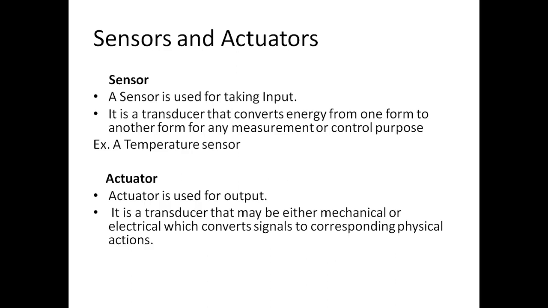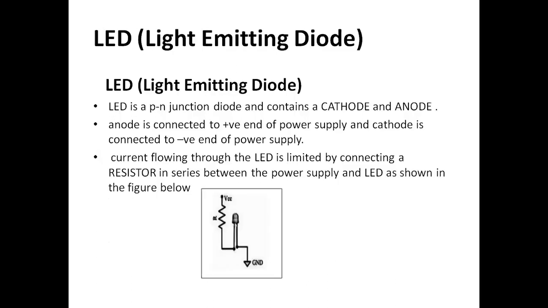Now let's see some examples of sensors and actuators. At first, let's discuss the LED. What is an LED? Light emitting diode. It is used as an indicator for the status of various signals.